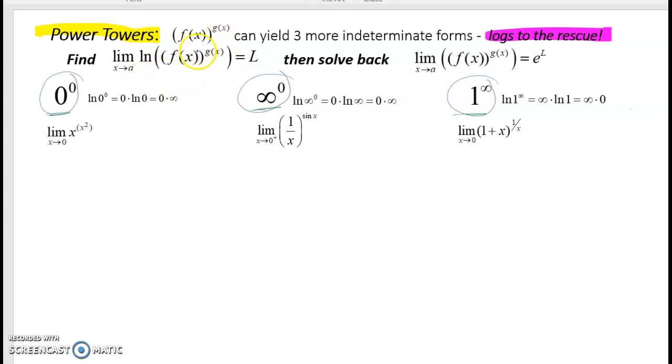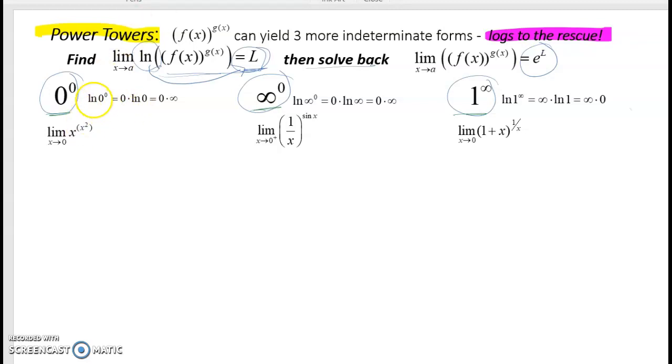So instead of just looking at the function, we're going to look at the log of the function, because that's going to help us get this into the form of 0 over 0 or infinity over infinity and find that limit. The only thing we have to do then at the end is make sure we solve it back, since we didn't solve for the limit they wanted, only the log. We have to get that limit back by taking e to the L. So let's see how this works.